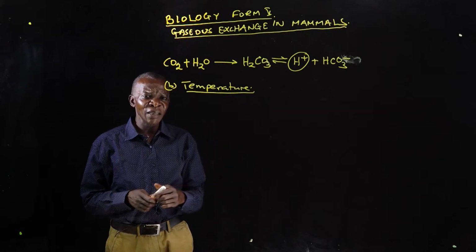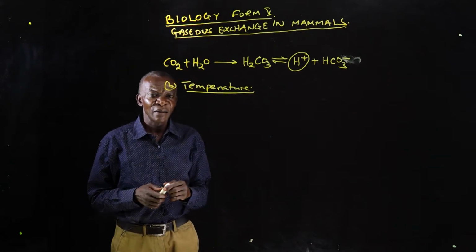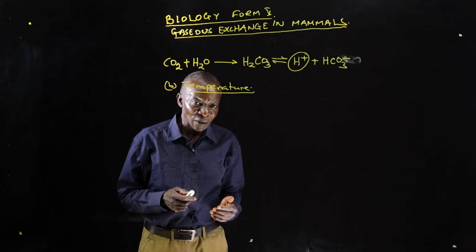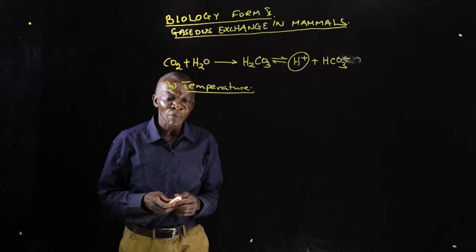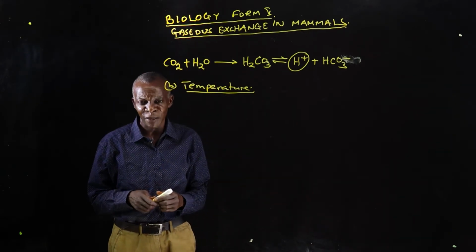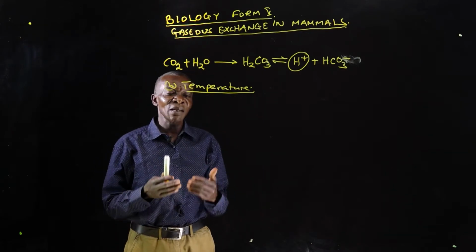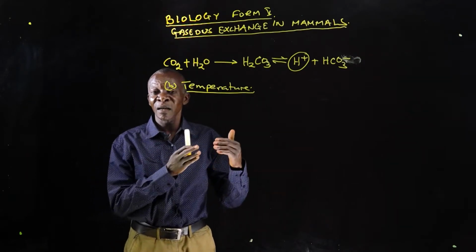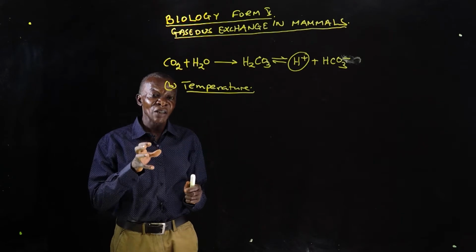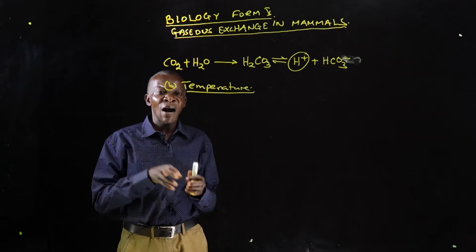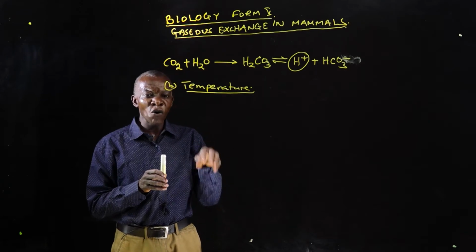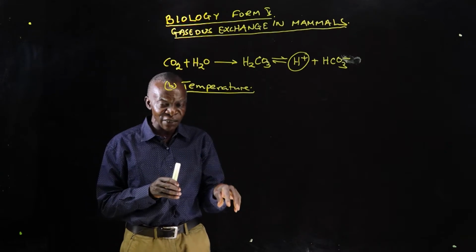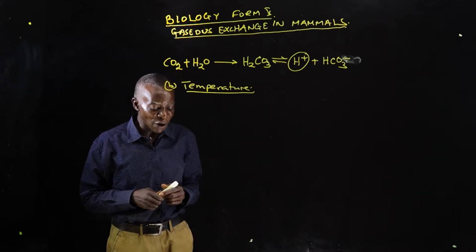Well, with the increasing temperature, there is an increase in rate of metabolism. With the increasing rate of metabolism, automatically there will be production of carbon dioxide. And with the increased tension of carbon dioxide, hemoglobin now releases or unloads oxygen into the highly metabolic cells and picks up carbon dioxide.